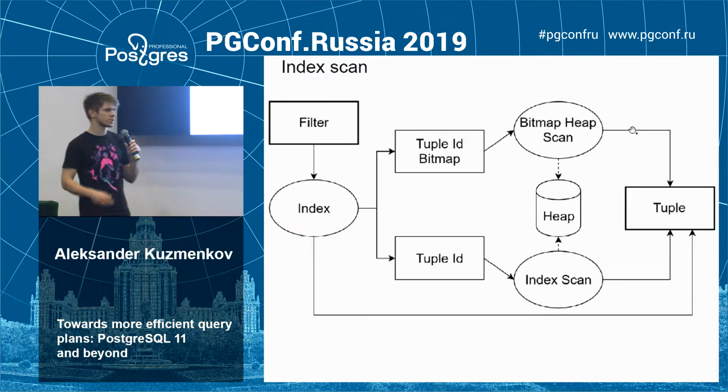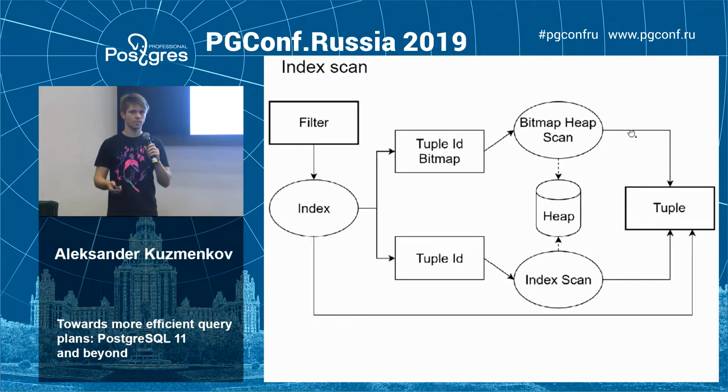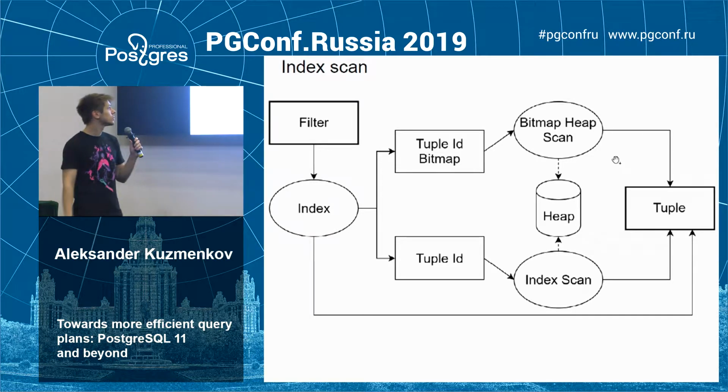The index finds all the links to the rows we need and returns them in a special data structure, the so-called bitmap. Then we take this bitmap and pull the required rows from the heap. It is important to know that it's page organized and you can use sequential input and output.